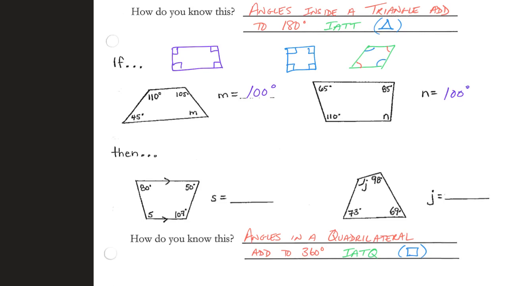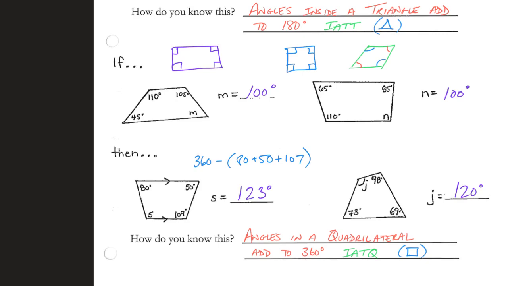And I hope that we didn't put an idea in our mind that all of a sudden everything had to be 100. If we were to work our way through, we could see that in S, the next one, I need to take 360 and subtract the sum of the other three angles. All my angles inside of a quadrilateral work out to be 360 degrees, and so we get a little confirmation on the end.